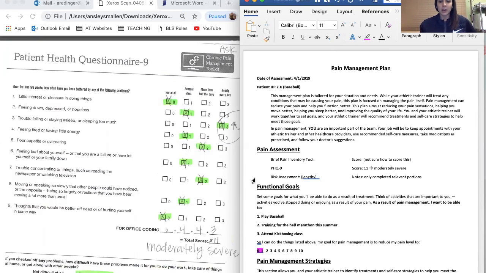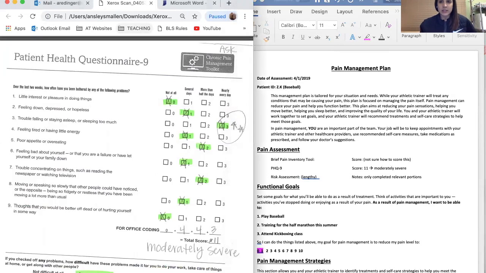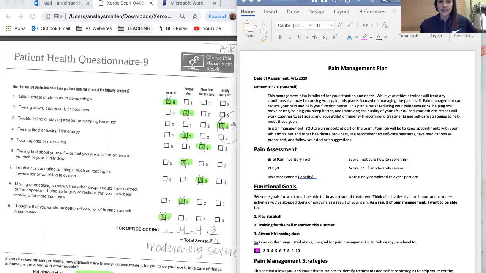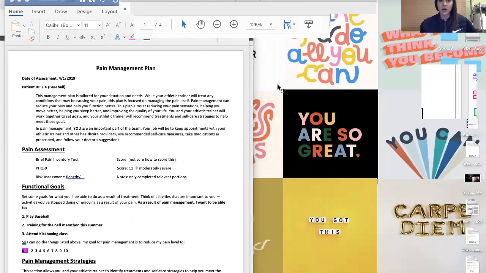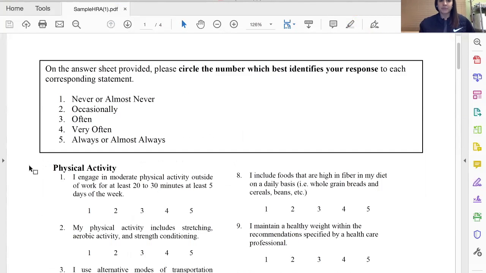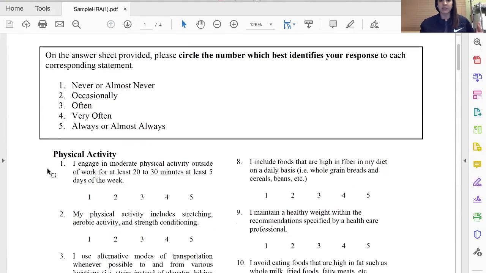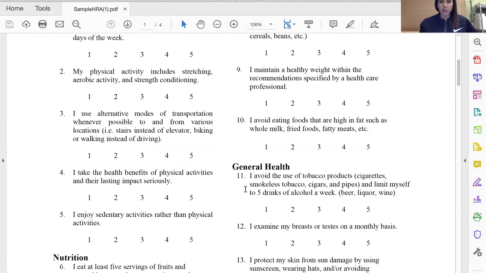So the risk assessment, I wanted to pull that up too, just so you had an idea of what I was using. This one. So I just had him fill out the parts that were relevant to him right now, like the physical activity, nutrition, general health.